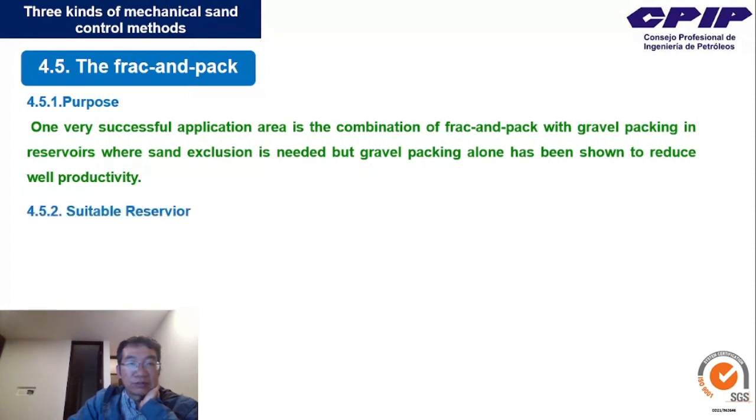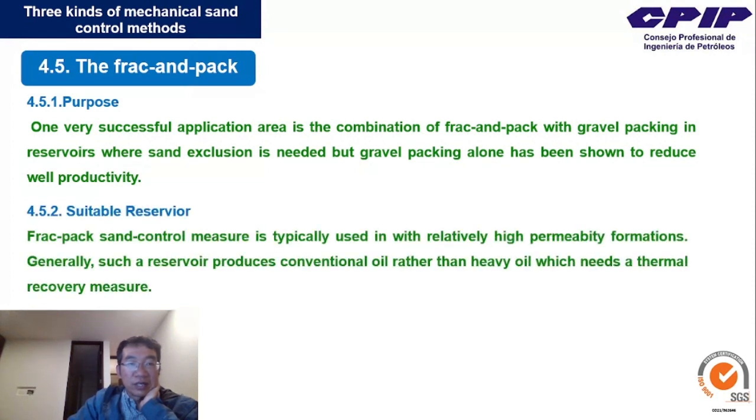And suitable reservoir. Frac pack sand control measure is typically used within relatively higher permeability formations. Generally, such a reservoir produces conventional oil rather than heavy oil, which needs a thermal recovery measure.